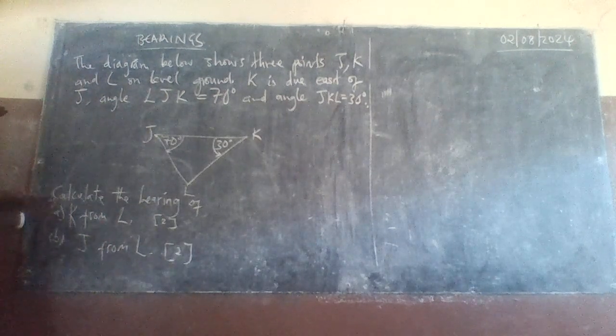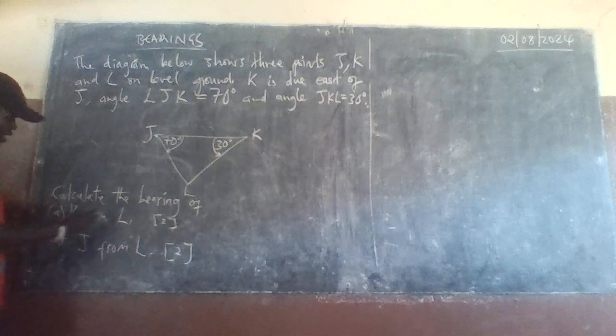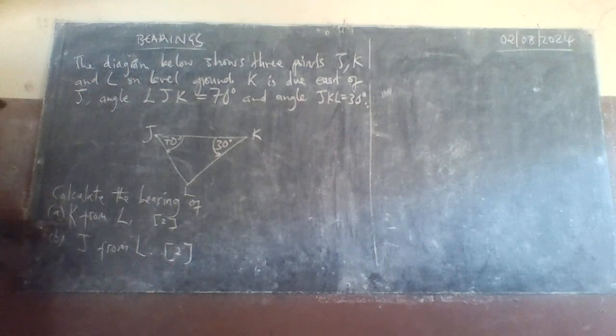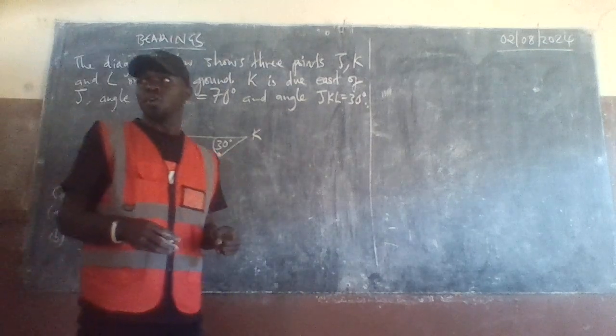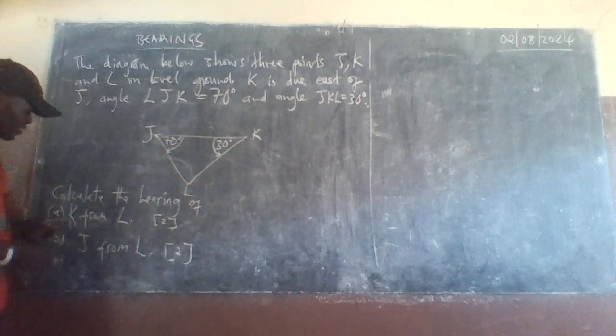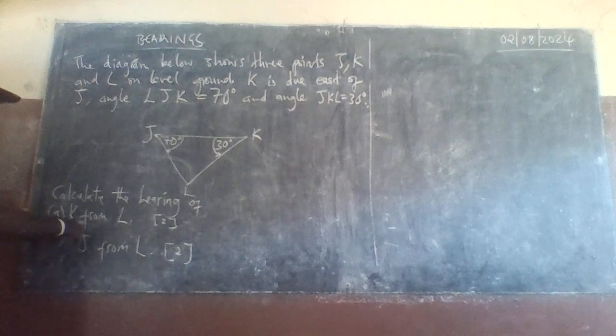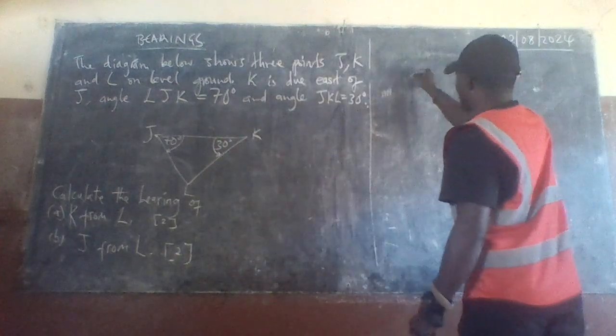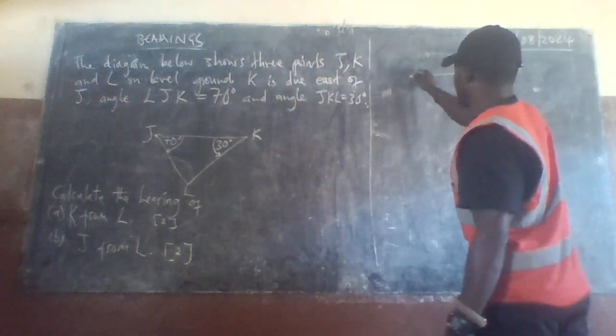From there, we have to calculate the bearing of K from L. Just like in the previous video, when they say K from L, you target the from. So we will just draw the diagram for easy calculation.